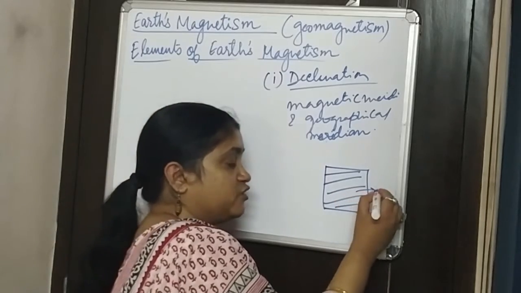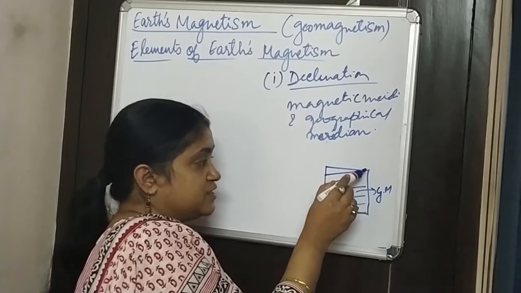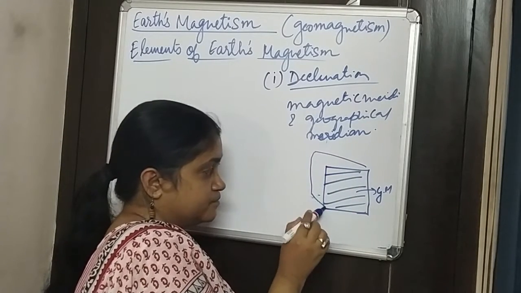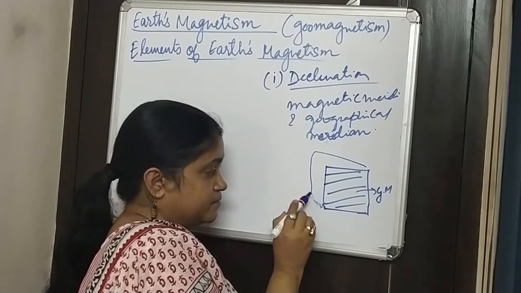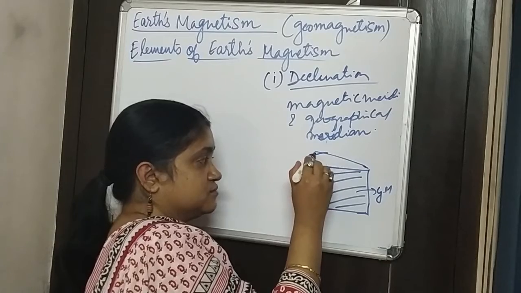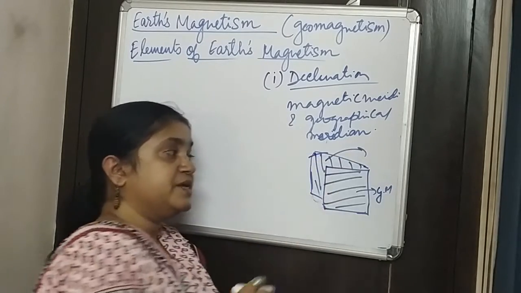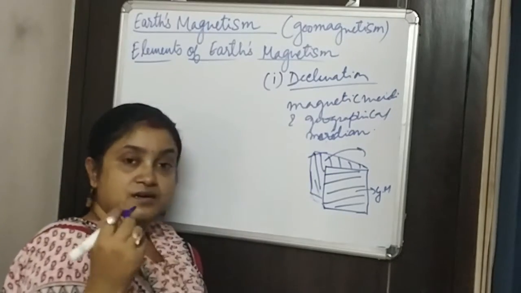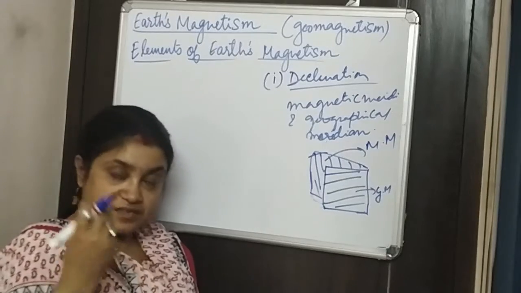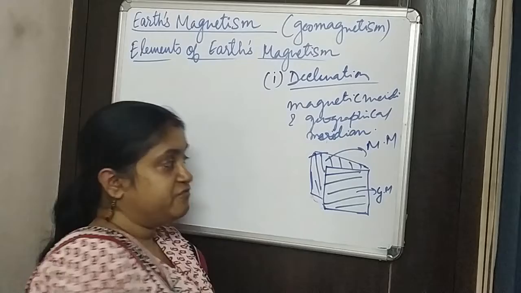So this we call the geographical meridian, and suppose there is another plane, this plane, which is the magnetic meridian at that particular place where we have calculated the geographical meridian.